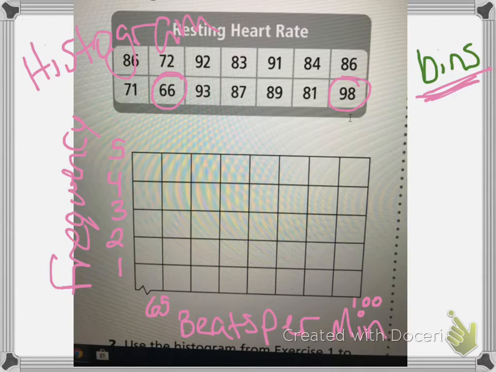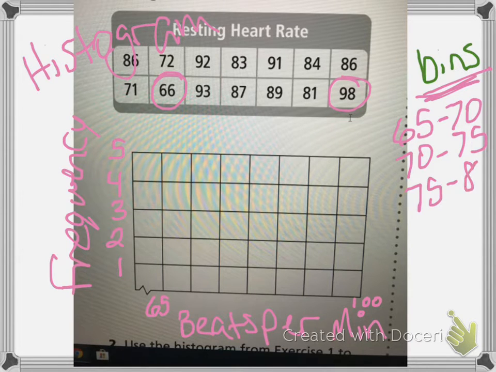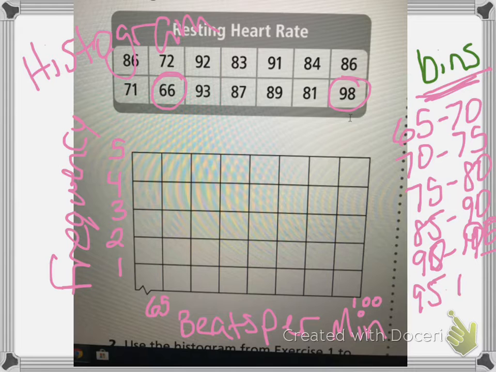So it's like a range of data. So I want to look at how many heart rates are between 65 and 70, how many people's heart rates were between 70 and 75, 75 and 80, 85 and 90, 95 and 100. 90 and 95, and then 95 and 100.